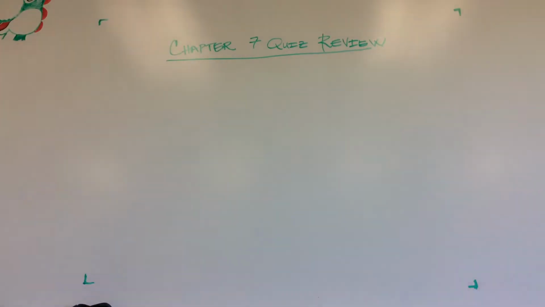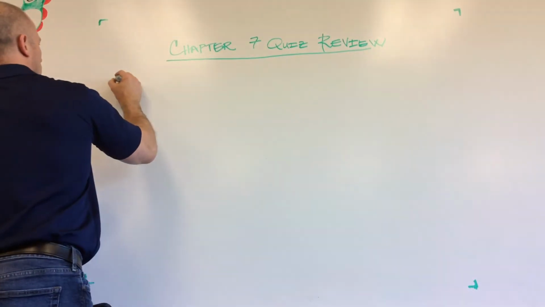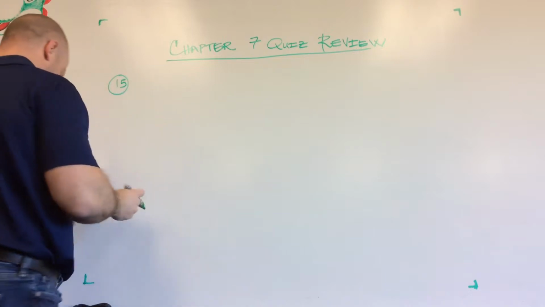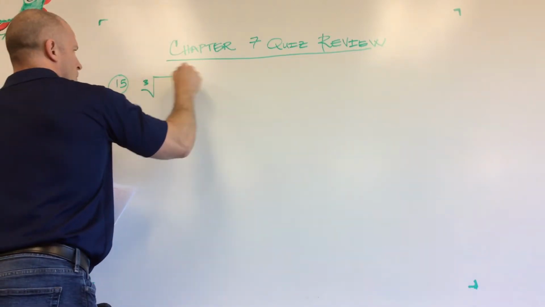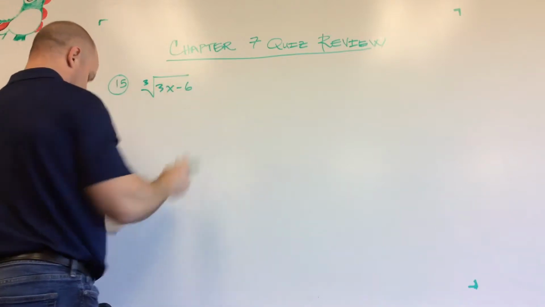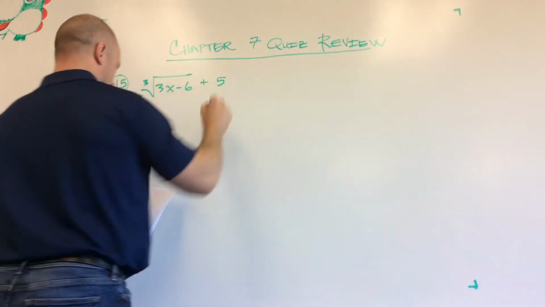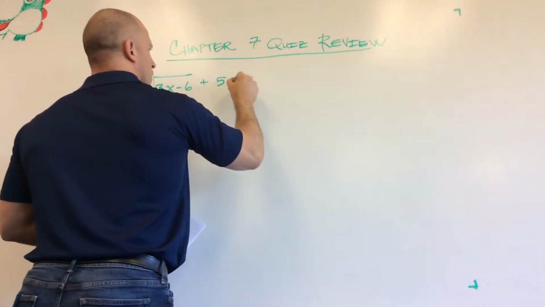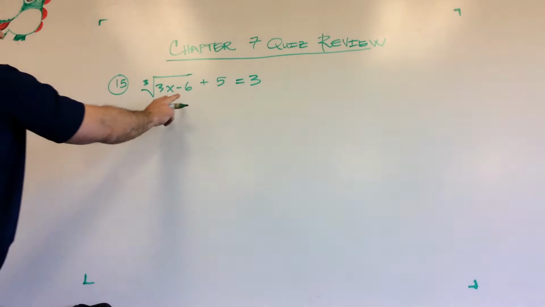Problem 15 is a little bit different because now it involves a radical that's taking a cube root. In this case, the procedure is generally the same. We want to isolate the radical.